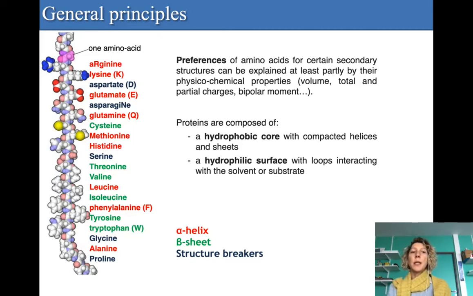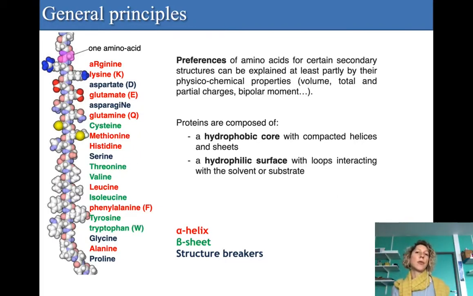Then you have aspartate and glutamate, which are negatively charged. Then polar amino acids, asparagine, glutamine, etc. For example, you have the sulfur in yellow here. And then at the bottom you have these aliphatic chains, and sometimes aromatic, which are really hydrophobic.